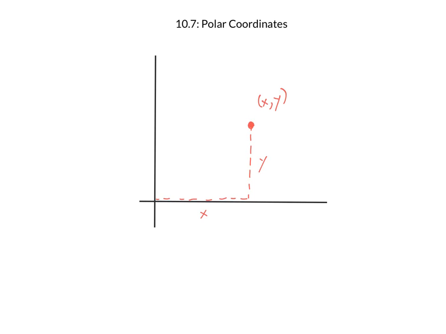When we express points like this, they're called rectangular coordinates, because if you were to put them on this system of x's and y's, they sort of make a rectangle like that.